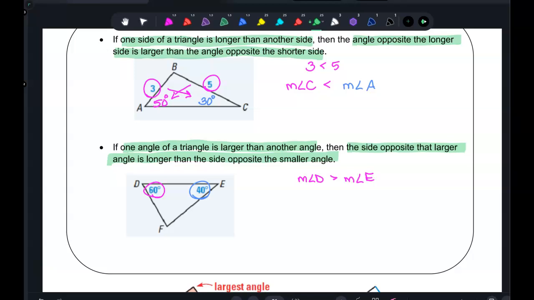Okay, so what is opposite angle D? What's opposite 60 degrees? What side? FE. So FE has to be bigger than... What's opposite 40 degrees? FD or DF.